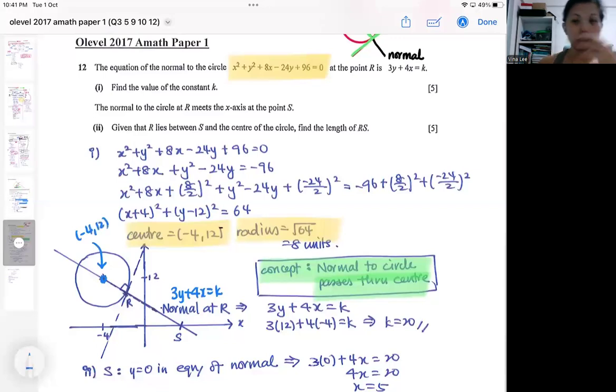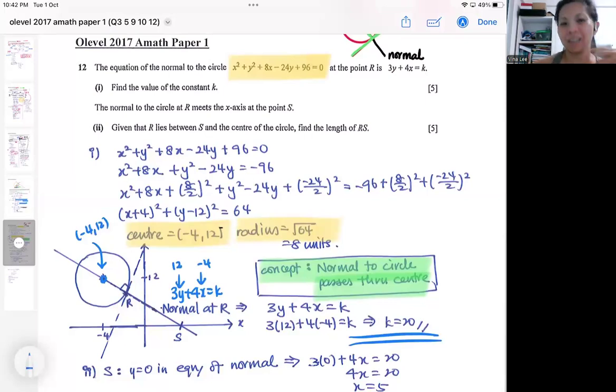So if the center is on the normal, you just put the x coordinate and the y coordinate inside, and you will be able to find your k. If you can't find your k, the rest of the question couldn't be done. Even though that part is 5 marks, the working is not very intensive because you just need to get the center and plug into the equation of the normal.